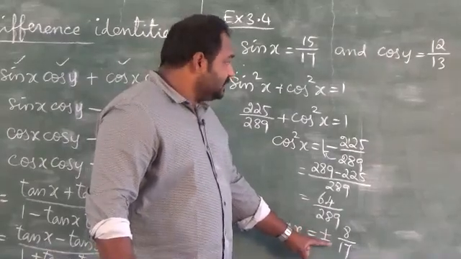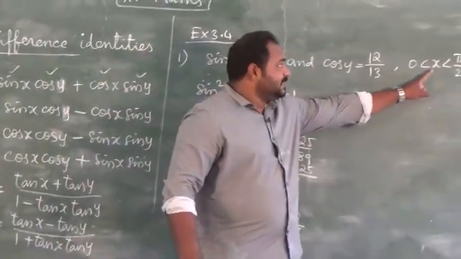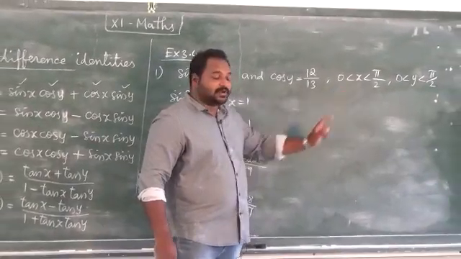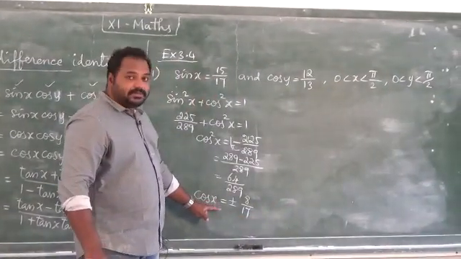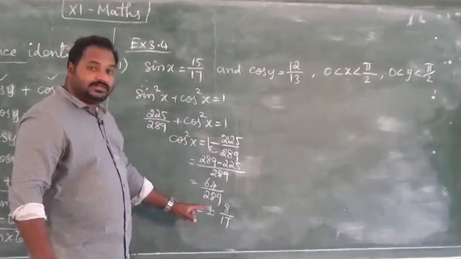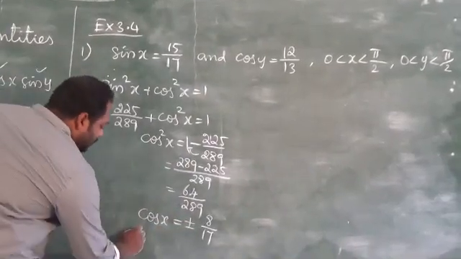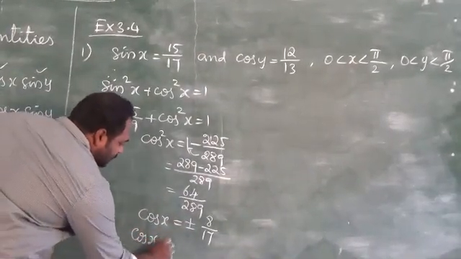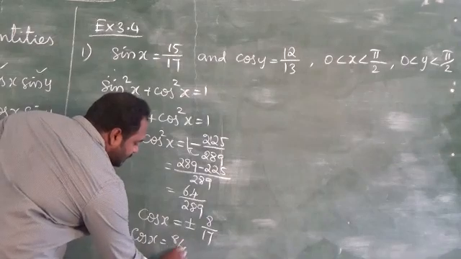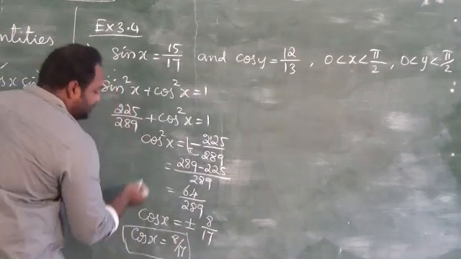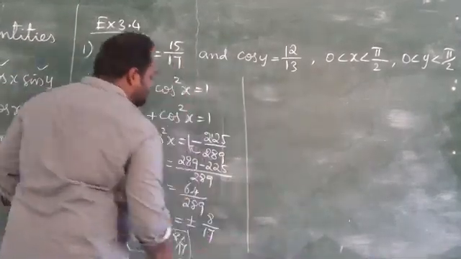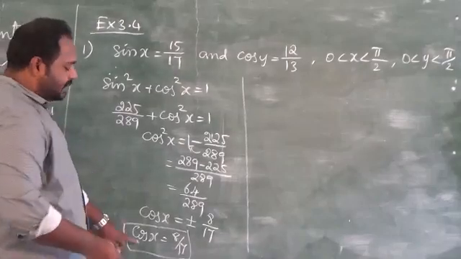It differs only by the condition of x. X occurs in the first quadrant, and in the first quadrant all are positive. Strictly the cos x value is positive, not negative. So cos x equal to 8 by 17. So this is the cos x value, which I have found.